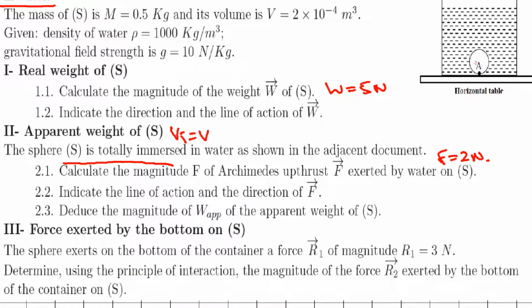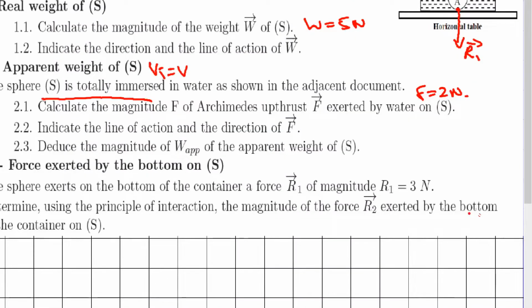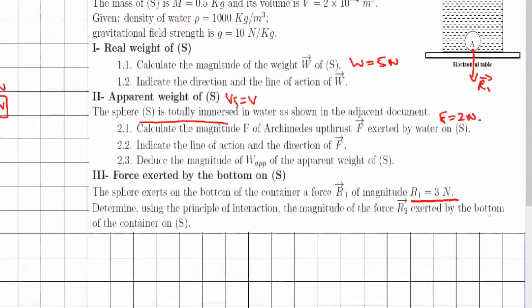So what does R1 represent? It represents the force exerted by the sphere on the bottom of the container. So this is the force R1, let me represent it here, exerted by the sphere on the bottom of the container. They are telling me that the magnitude of R1 is equal to 3 newtons.